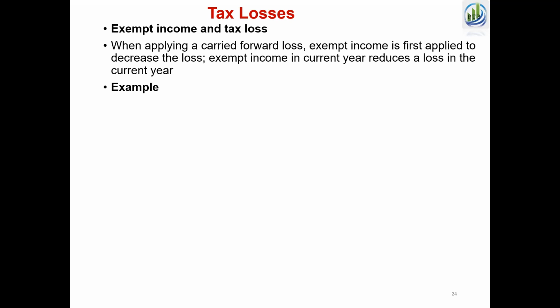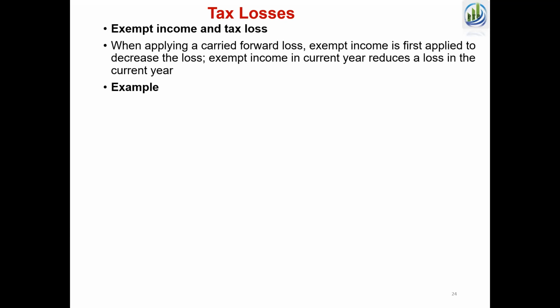Assume that in your original question, the tax loss is $15,000 and your exempt income is $20,000. So what's going to happen now? If you take it out, 20,000 minus 15,000 would come as $5,000 taxable income, right?